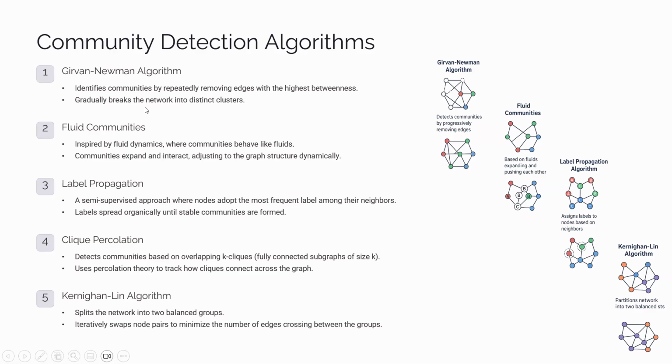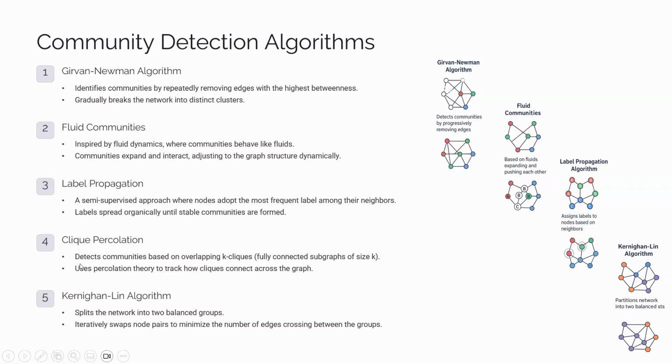This would break down the network into clusters. Then we have fluid communities. These communities expand and interact, adjusting like fluidic structures. Then we have label propagation. It's also called a semi-supervised approach, and it basically assigns labels to previously unlabeled data points in a way to form the neighbors.